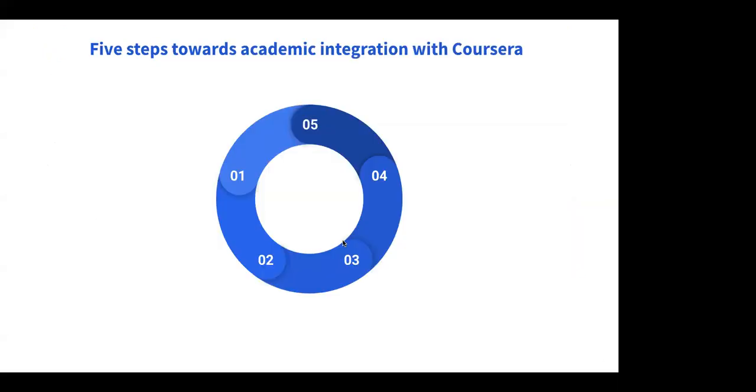Now, coming to the next section: how can you integrate Coursera with your own subjects? We'll talk about all of these things. We have divided it into a 5-step process. Most of the faculty members in the universities that we work with use Coursera as part of their teaching process.